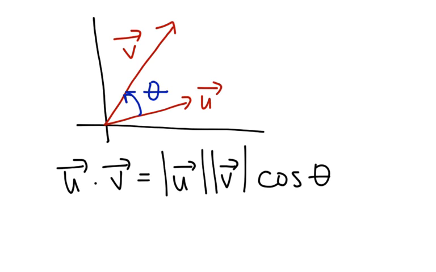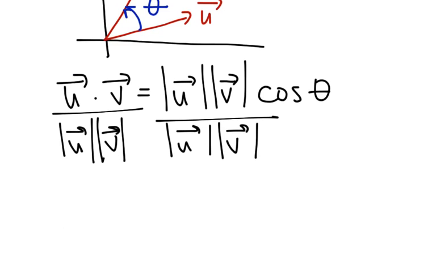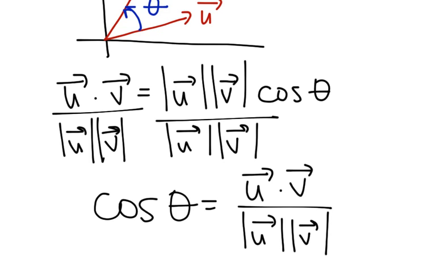Because that is true, if I wanted to find the angle between two vectors, I could divide both sides of this equation by the product of the magnitudes, and I would have an equation for finding the angle. And this is really the important formula, the formula for finding the angle between two vectors. It's the cosine of theta is equal to the dot product of u and v divided by the product of the magnitudes of the two vectors.